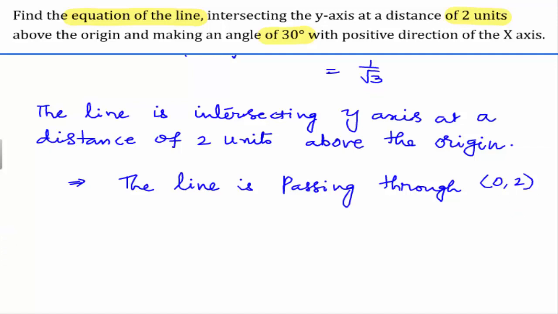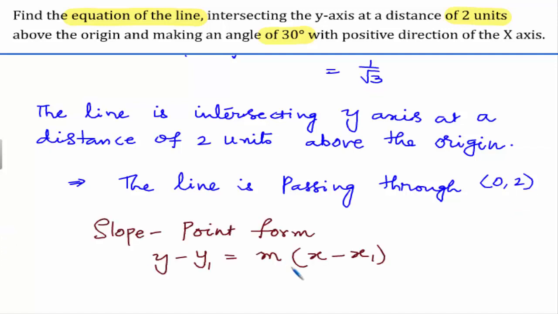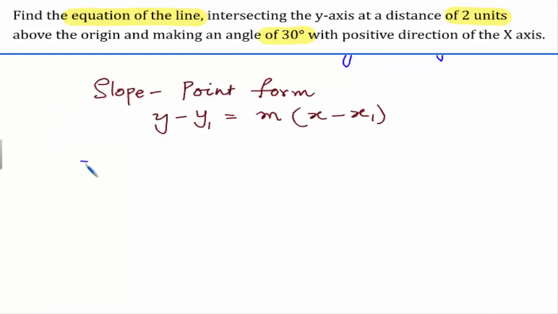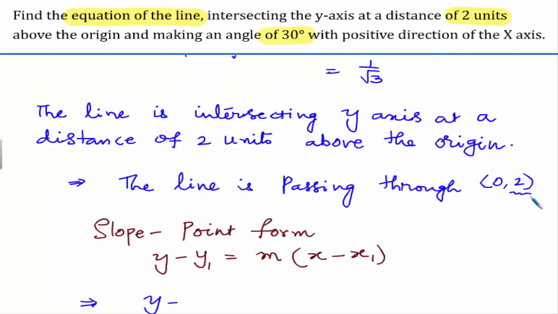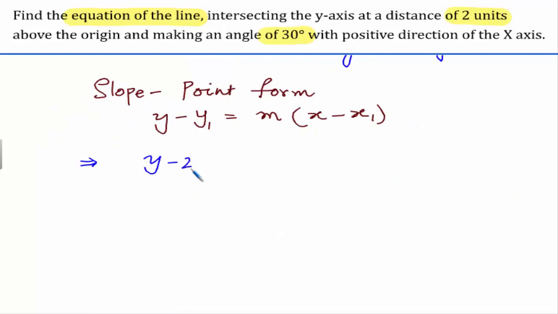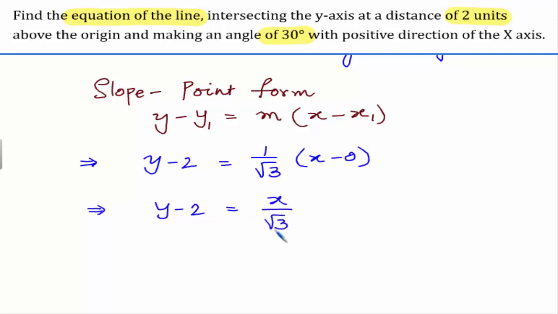We have to find out the equation. So the slope point form of the line is y minus y1 is equal to m into x minus x1. So this will give us y minus y1, which is 2, is equal to m, which is 1 by root 3, into x minus 0. This will give us y minus 2 is equal to x by root 3.